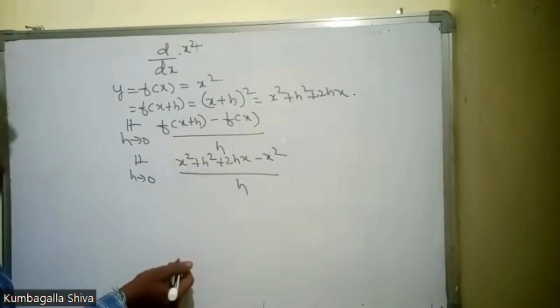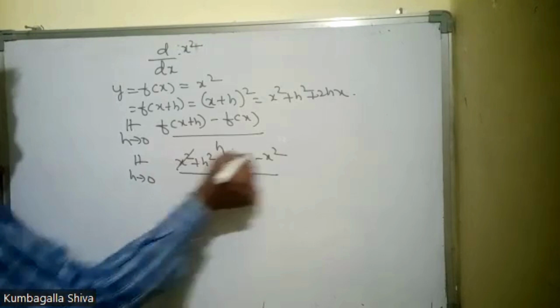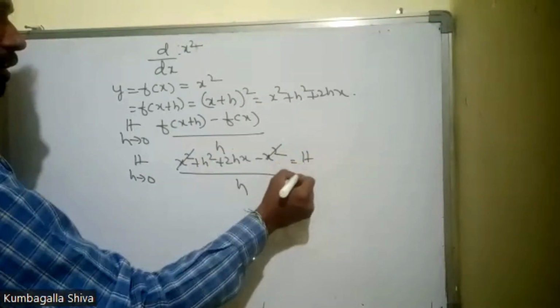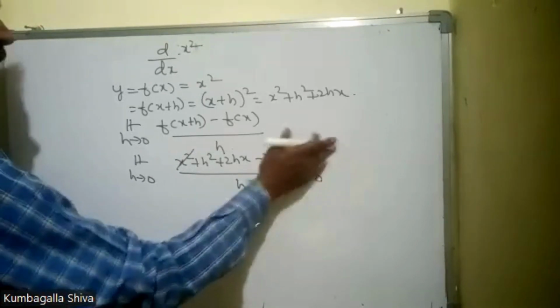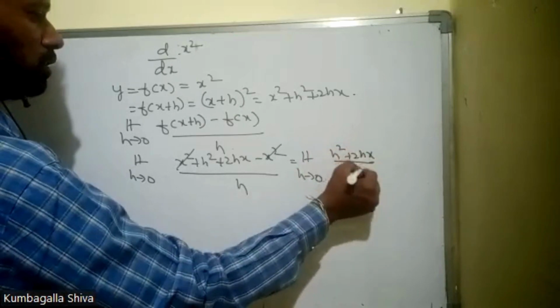x square plus h square plus 2hx minus x square by h. So x square cancels, and you get limit h tends to 0, h square plus 2hx by h.